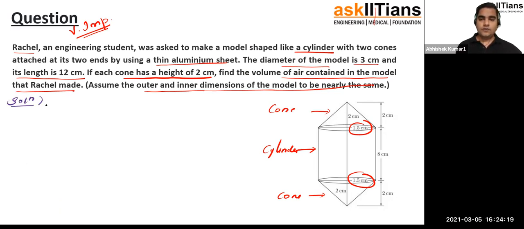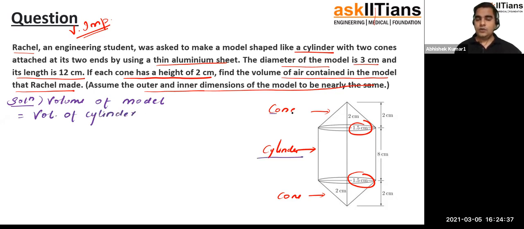Volume of the model that you have, that will be equal to what? That will be equal to the volume of cylinder that you have, correct? Because this model is actually a combination of a cylinder and two cones, one cone at the top and one cone at the bottom. So volume of cylinder plus volume of two cones.